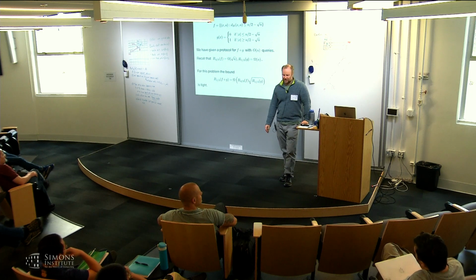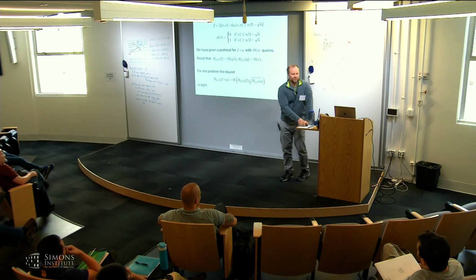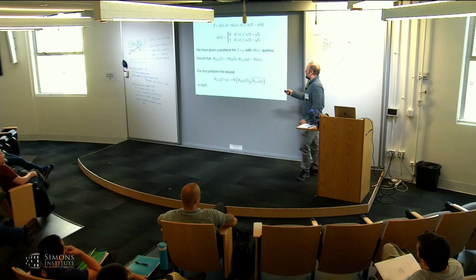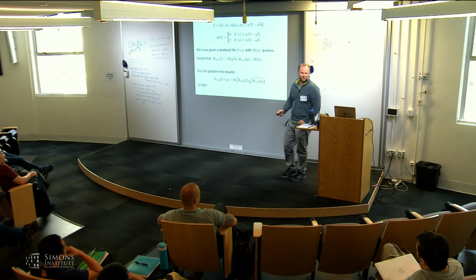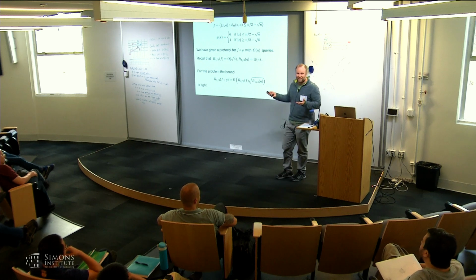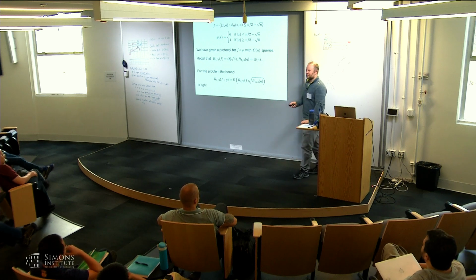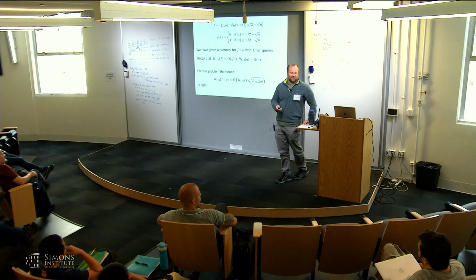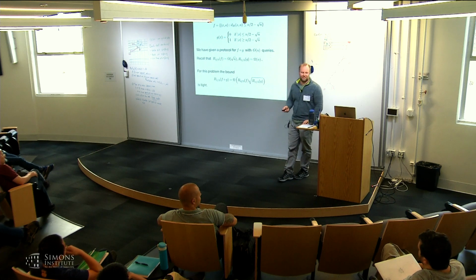Let's see, maybe I will defer that until we see something about the lower bound. You can kind of see why: for these particular numbers, root n and n, I could have maybe written something else here that also multiplied to n. But when you look at the lower bound, maybe you'll see why this comes out.